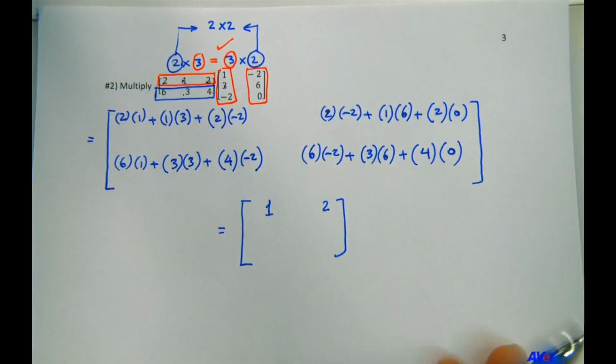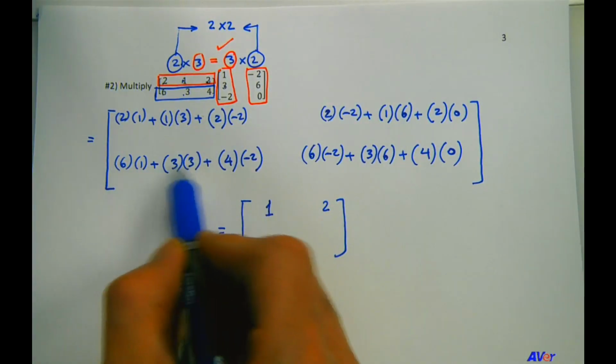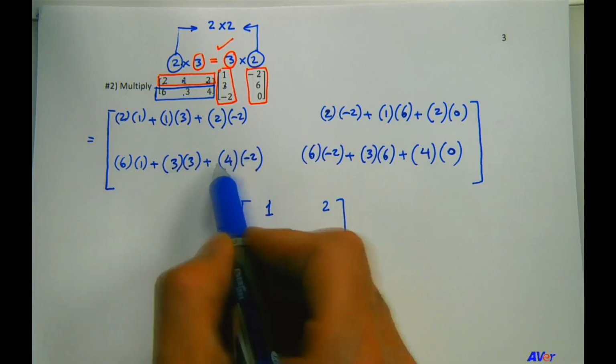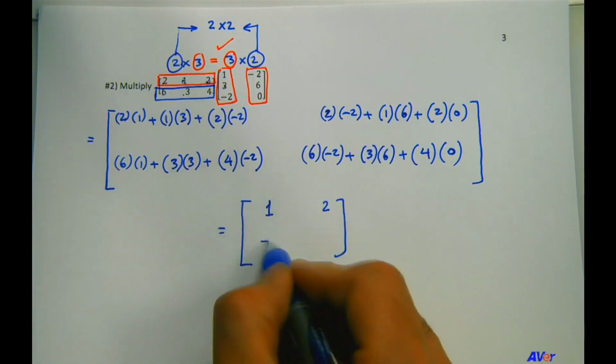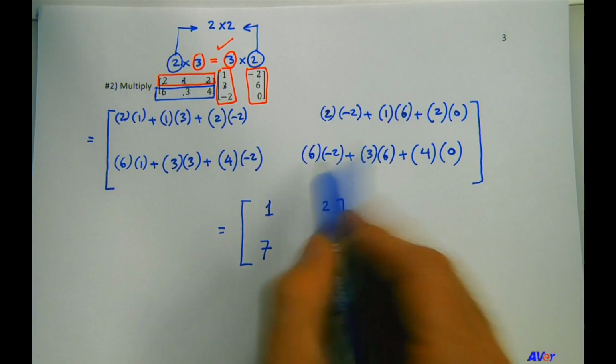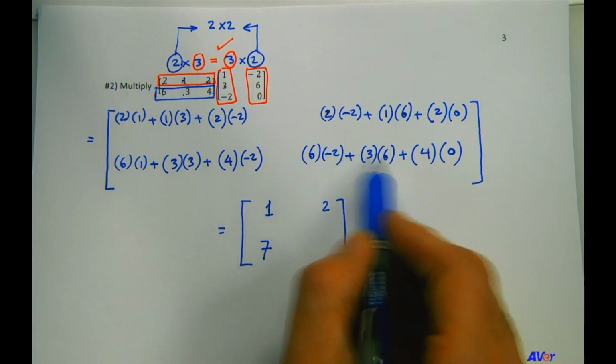Okay. Here, 6 times 1, 6. Plus 3 times 3, which is 9. So 6 plus 9 is 15. Minus 8. 15 minus 8 is positive 7. 6 times minus 2, that's minus 12, plus 3 times 6, which is positive 18.